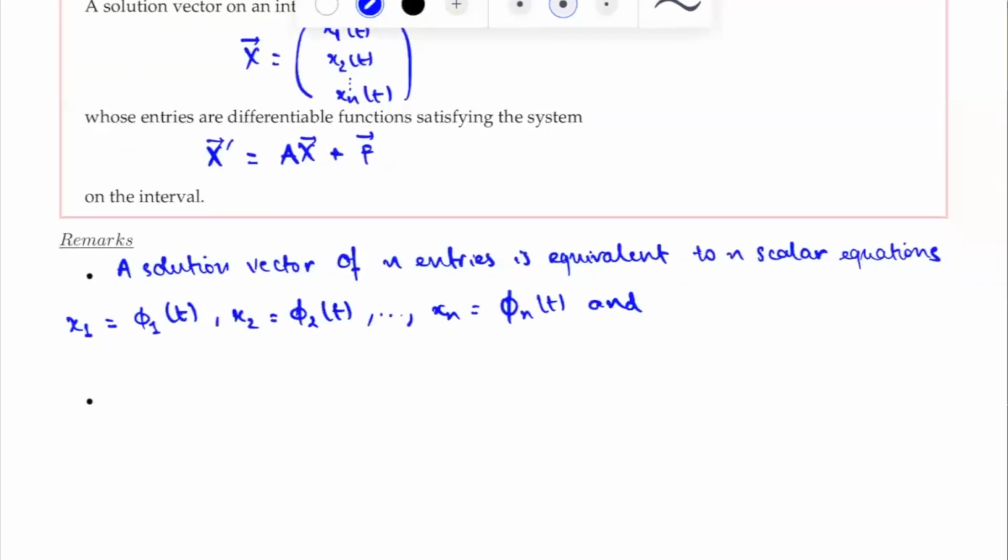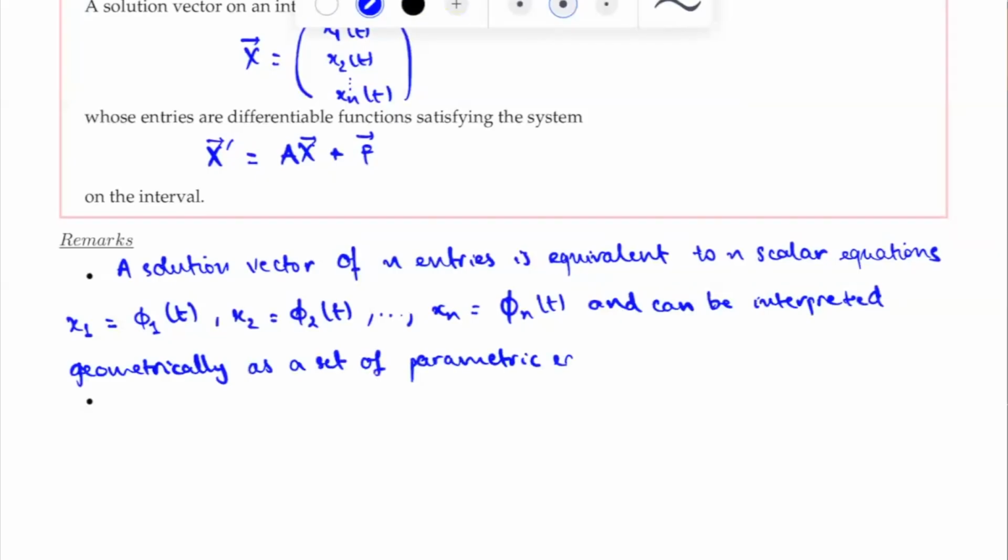This can be interpreted geometrically as a set of parametric equations of a space curve.